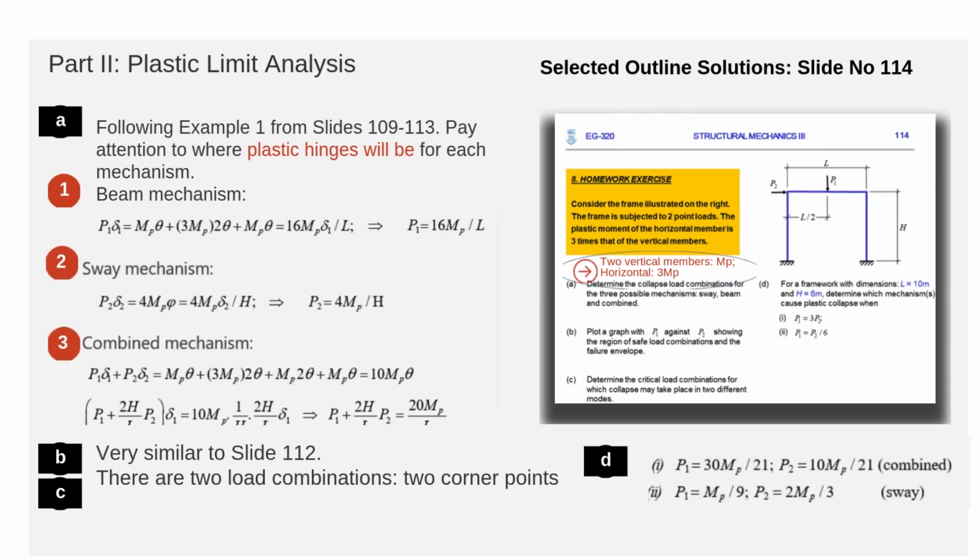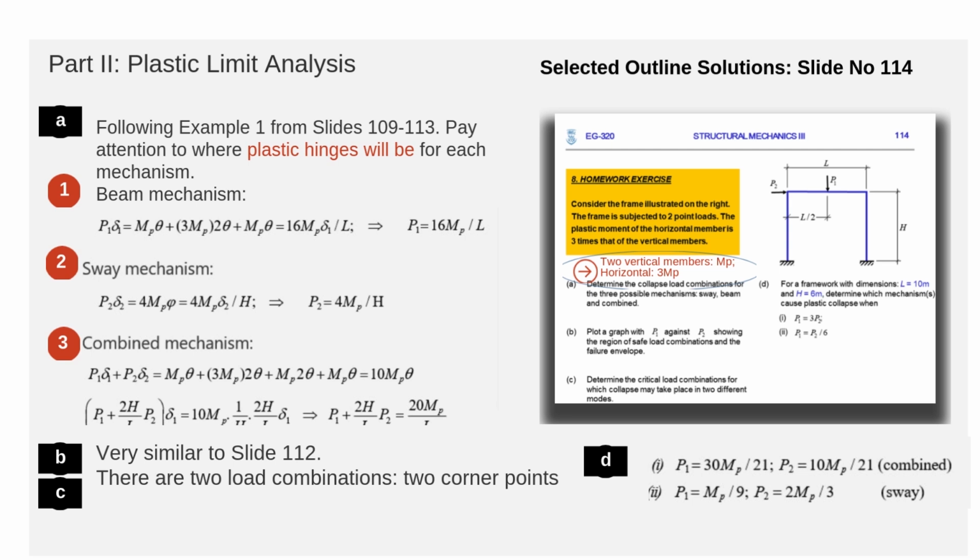Beam mechanism. For the beam mechanism, we explore how the structure responds to applied loads and moments. The equation we use helps us understand how much the structure deforms under the influence of bending moments and how this relates to the length of the structure. In the sway mechanism, we focus on how the structure moves horizontally under load.